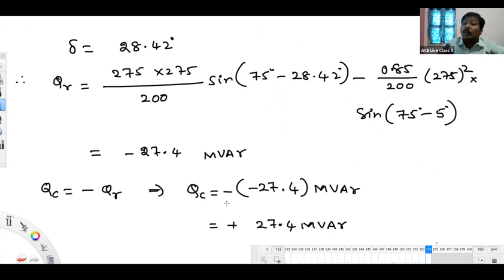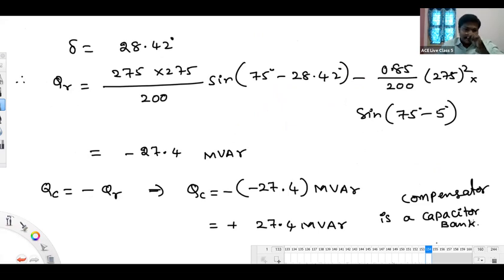What is the nature of that compensator? It's a capacitor bank. We have to keep a capacitor bank at the bus bar. So the compensator is a capacitor bank.